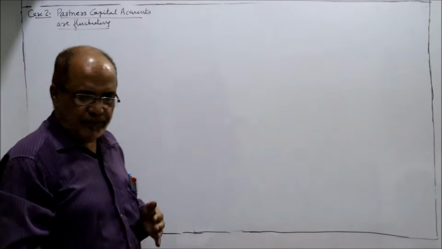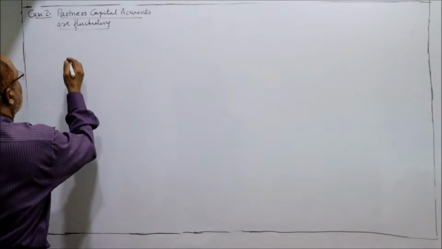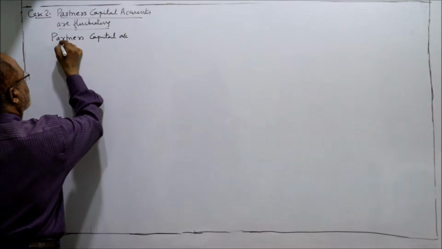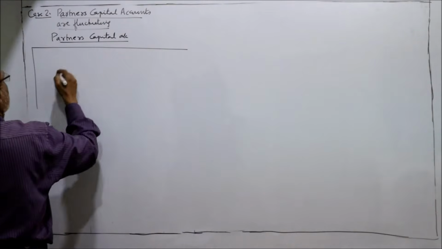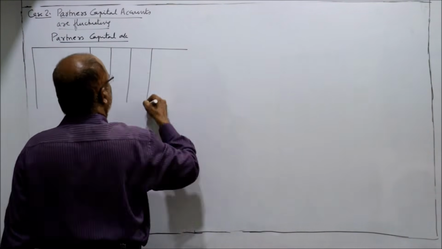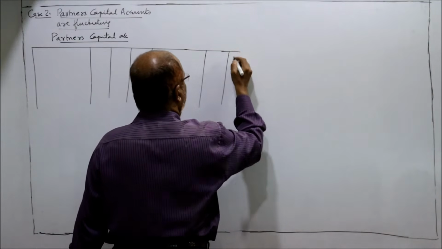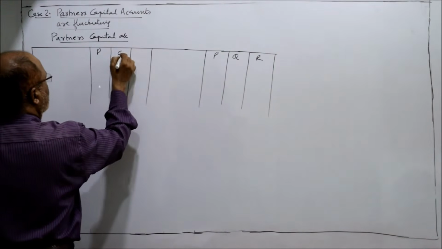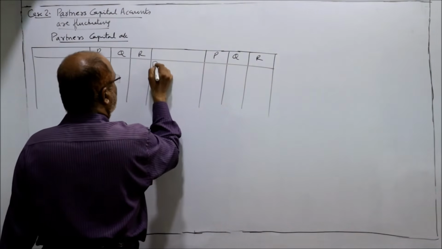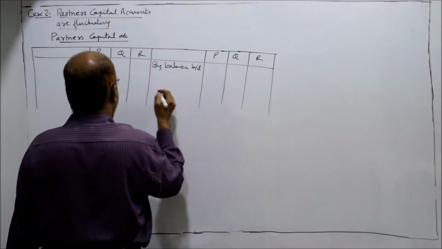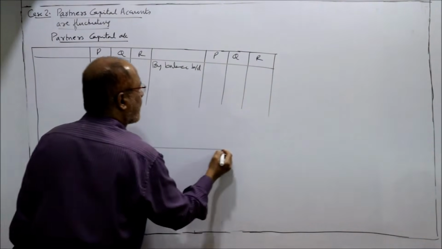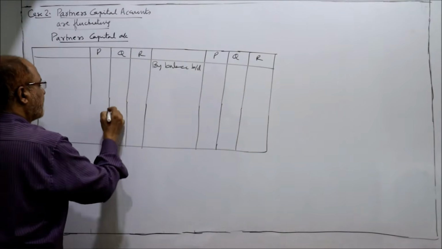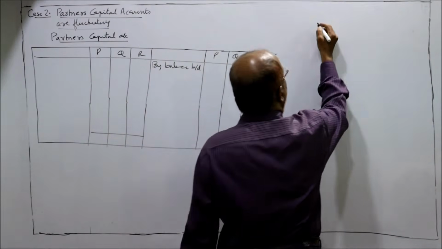Partners' capital accounts are fluctuating. In this case we make partners' capital account and one more bank account.